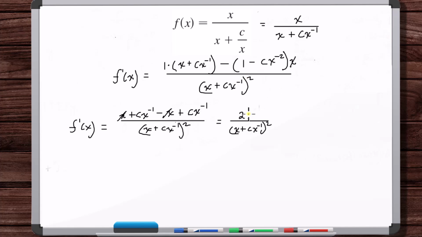Two cx to the minus 1, right? cx to the minus 1 plus cx to the minus 1 is 2cx to the minus 1. Okay, so f prime of x is equal to x plus c over x squared, and then 2c.